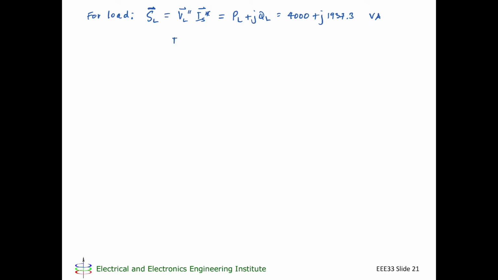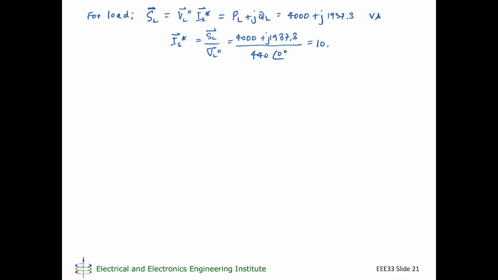So I can compute for Is conjugate, which is SL over VL double prime. So this is 4,000 plus j 1937.3 divided by 440 at an angle 0 degrees.